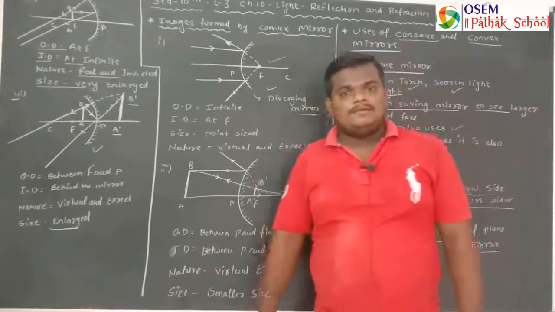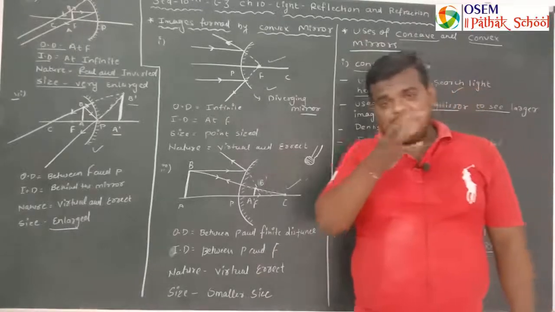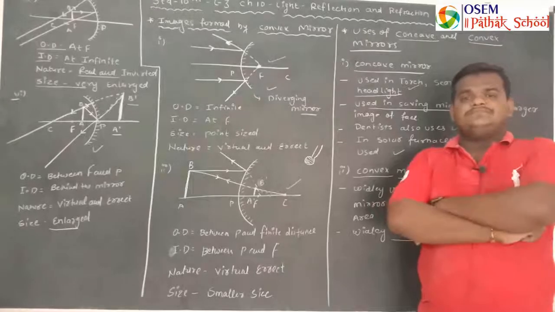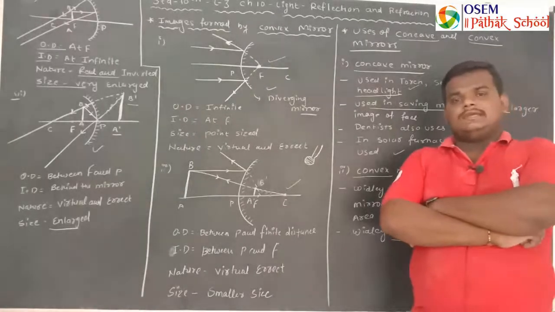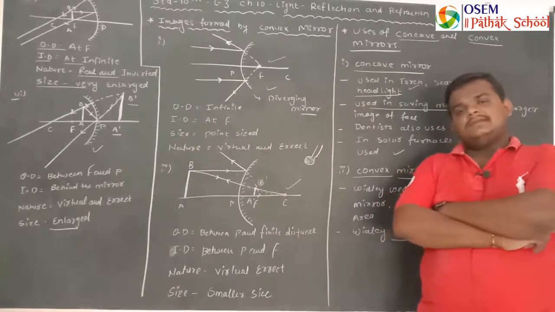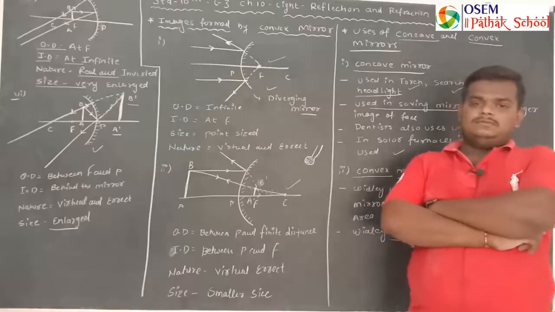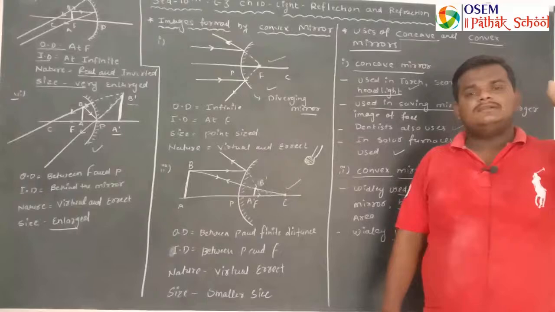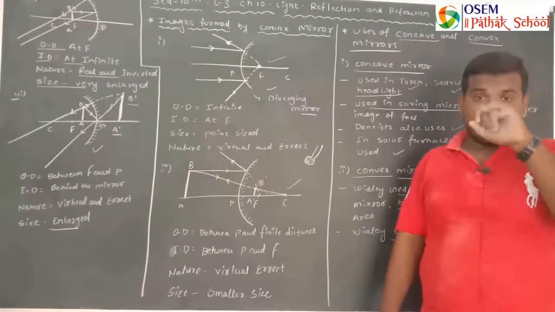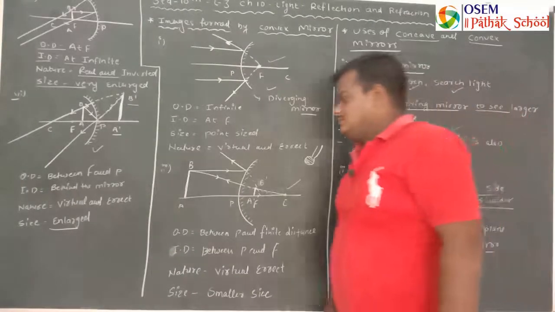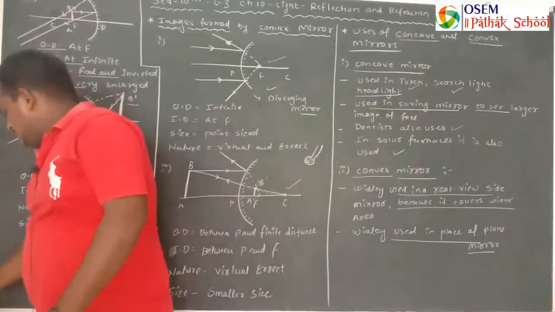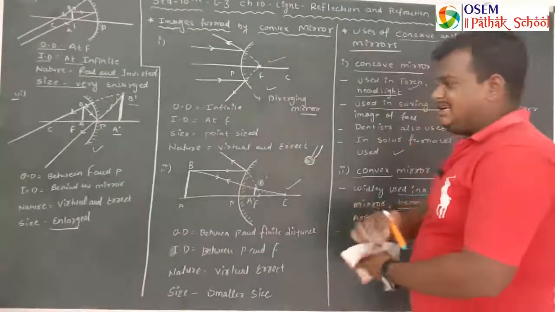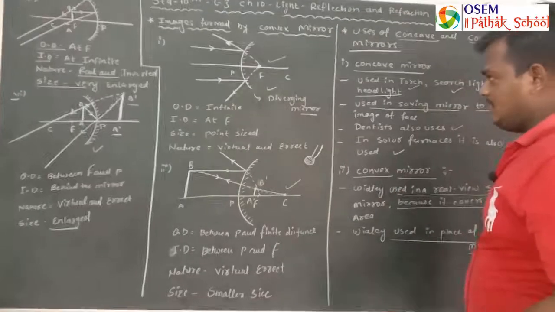Suppose you have to do an experiment: if there is a tree in front of you, take a plane mirror, a convex mirror and a concave mirror and try to see the image of that tree in the different mirrors. Only in the convex mirror you will find that the image is virtual and erect, upright in that case, and you will see the complete image.